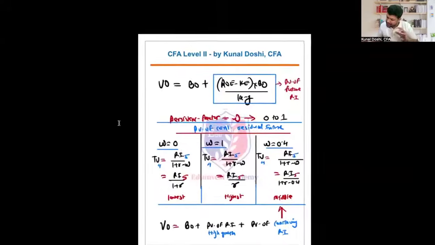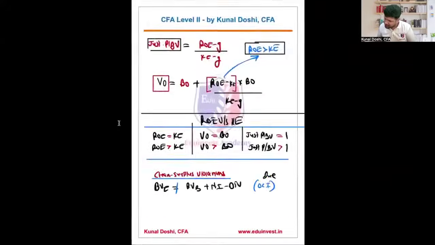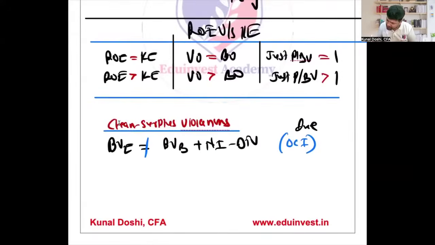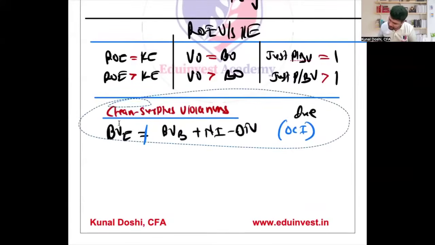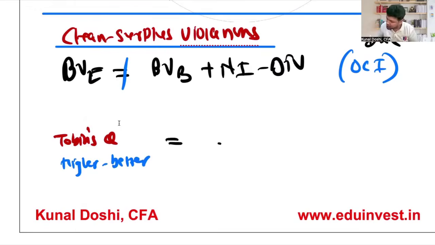Okay, so I'm just writing this formula, although I don't see a lot of relevance of this. So I'm writing it at the end. Tobin's Q, and I'm also writing higher is better. It tells you the productivity of your assets.